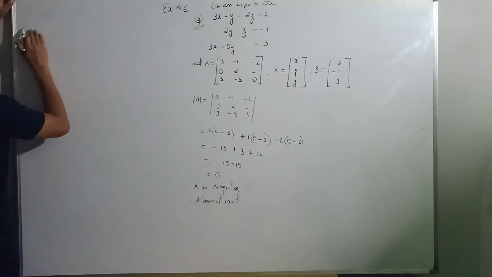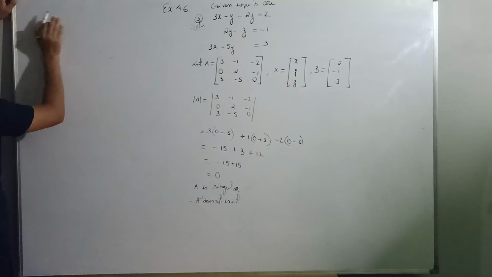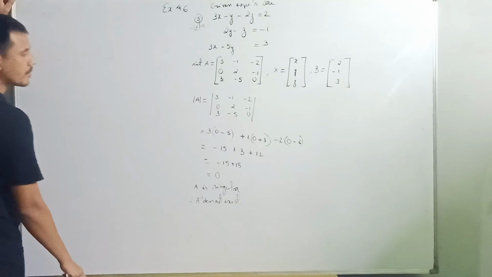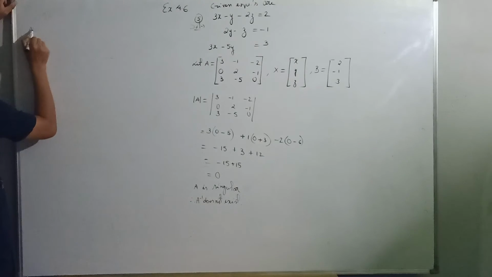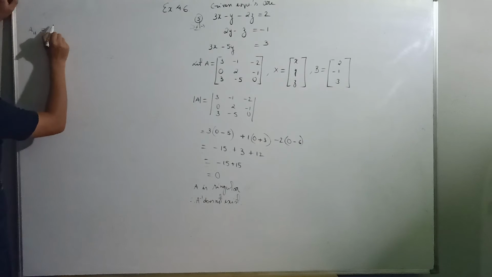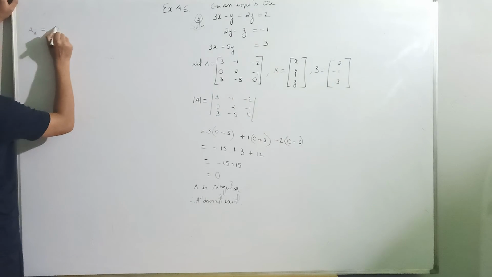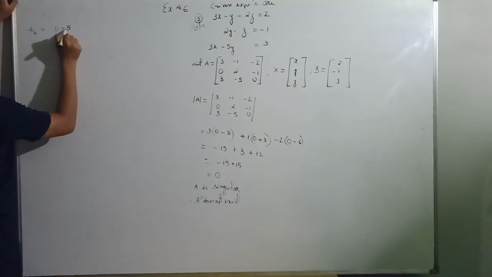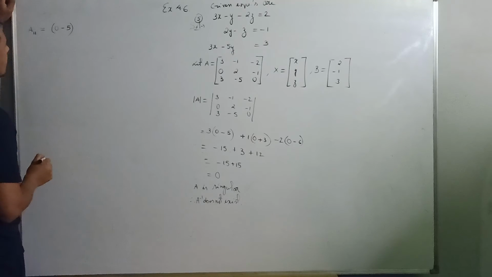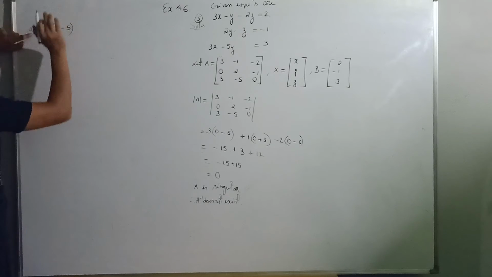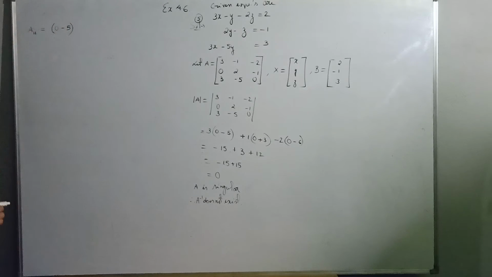So let's find out the adjoint of A. In order to find the adjoint of A, you have to find the cofactor of all the elements of A. The cofactor of the first element, A11, cofactor of 3, will be (-1) to the power 1 plus 1, that is (-1) squared, which is positive.